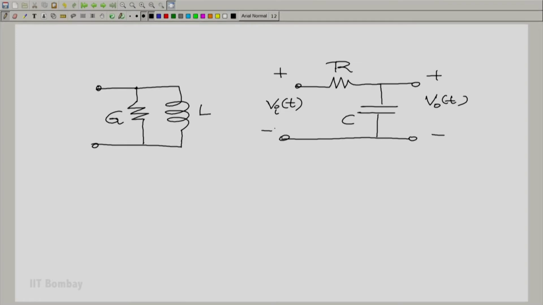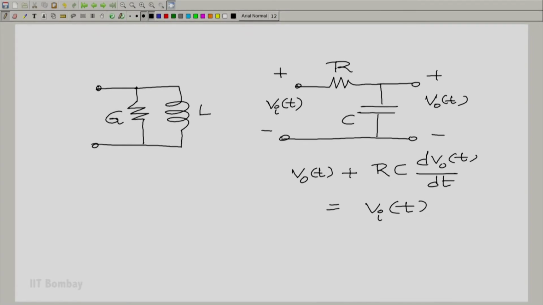In fact, I said that v_o(t), that is the voltage across the capacitor, plus the voltage across the resistor, which is R times the current in the resistance, which is R times C times dv_o/dt. This is the total voltage equal to the input voltage. Now this is the equation that describes the series RC circuit.